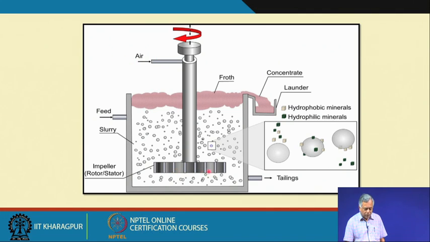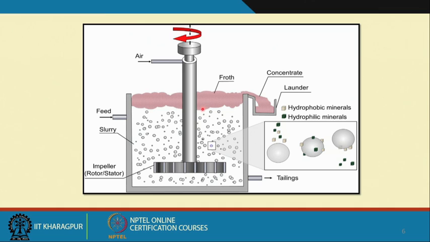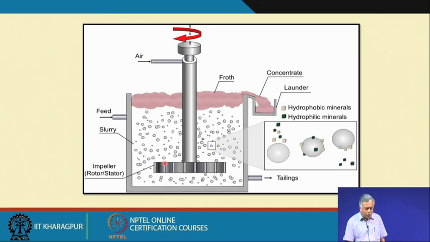Then, how do we control the bubble sizes and their size distributions, and whether we need more stable or less stable bubbles? Because if they are too stable, they will not be dislodged, so I will have a much thicker froth layer, which will be difficult to take out.